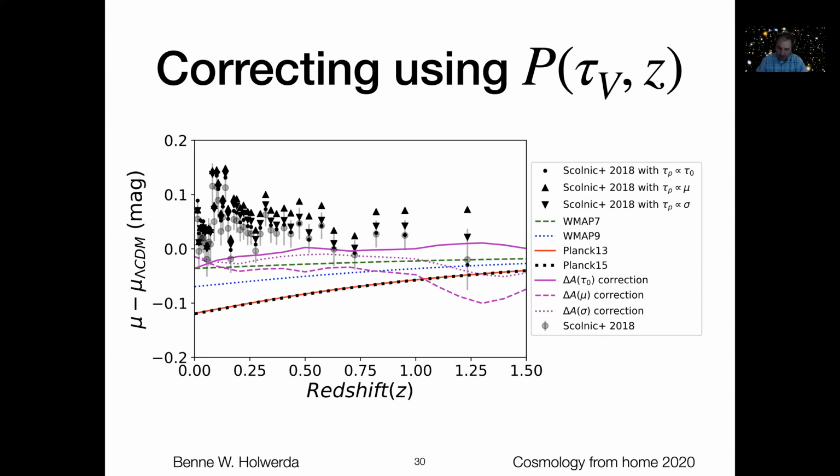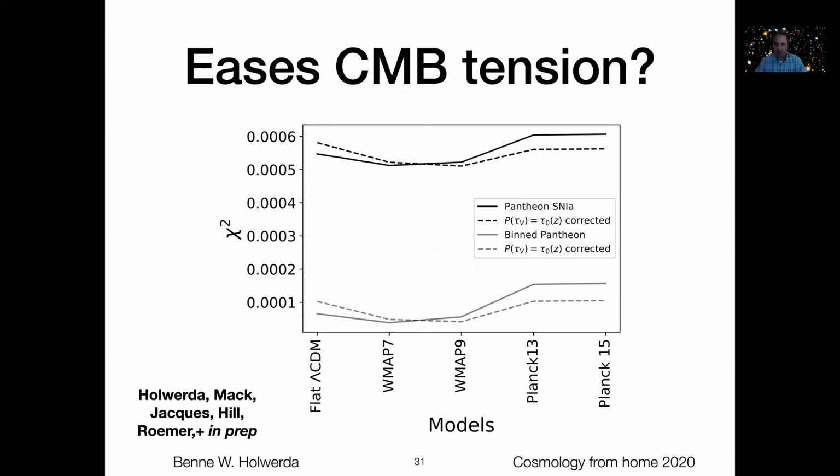So the plan was to see what the deviation, the chi-squared, the separation between these two is. Maybe you can see this here from either the binned Pantheon data or just all the Pantheon data combined. If I correct using the optical depth distribution of all the SED fits at the particular redshift, there's a slight improvement towards the Planck results.